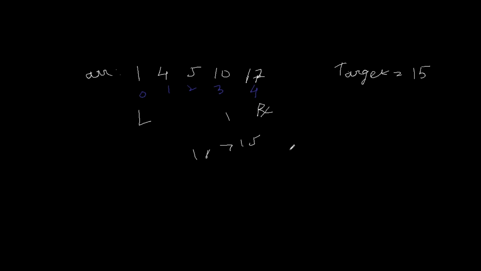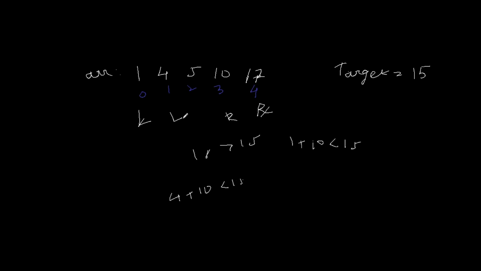Now R is pointing to the 3rd index and L is pointing to 0. So 1 plus 10 is less than 15. It means that we need to move the left pointer forward. Now L points to 1 and 4 plus 10 is equal to 14, which is less than 15.